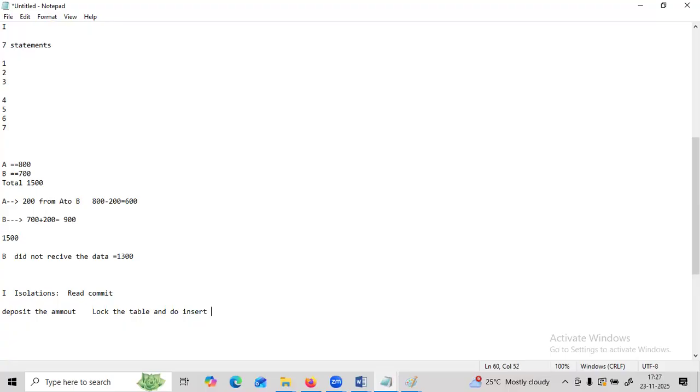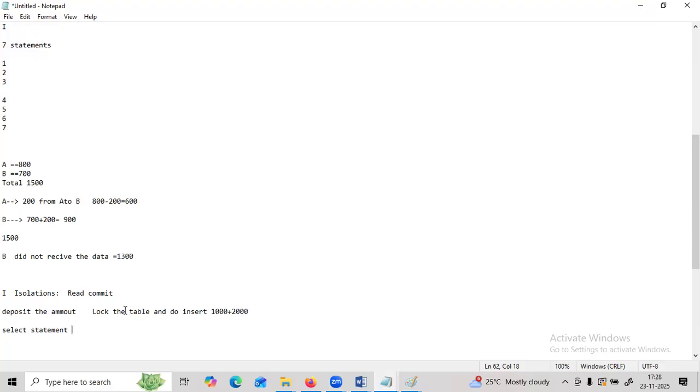So my account has 1,000 rupees and someone is going to deposit 2,000. While this activity is going on, if someone goes for a select statement, what does that mean? In the ATM, we are going to fetch the data, like what is my amount, we go for a mini statement. Okay. I selected the mini statement from the ATM.